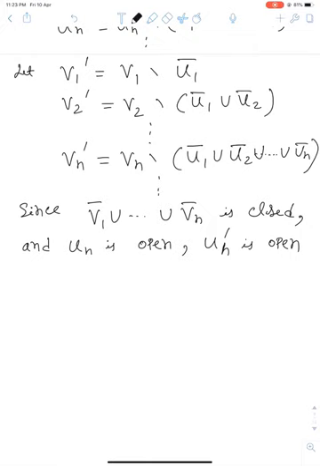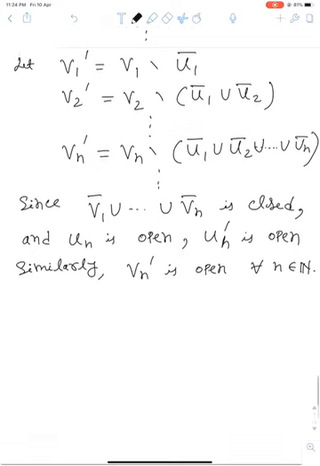And similarly vn dash is open for all n belonging to the natural numbers.